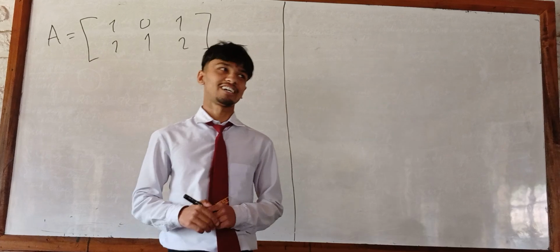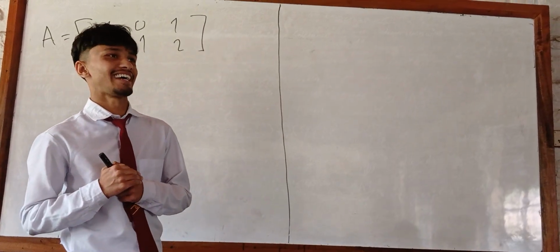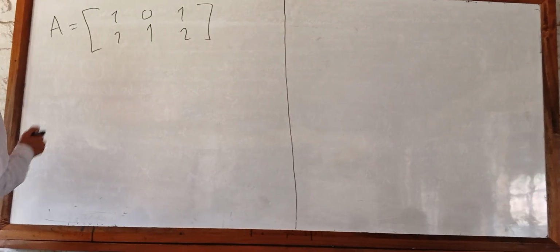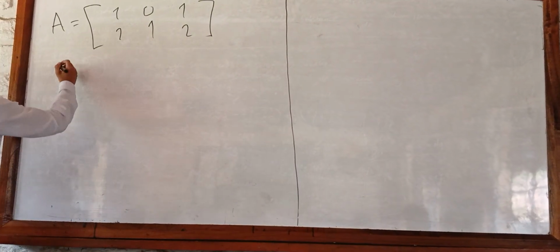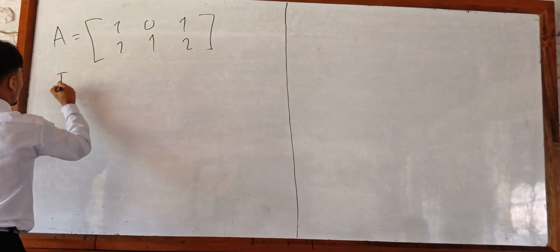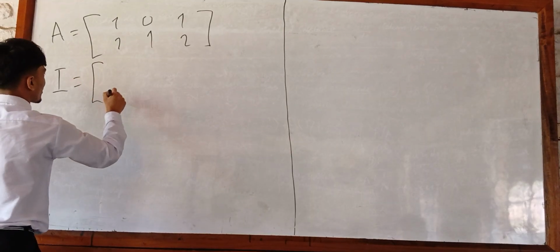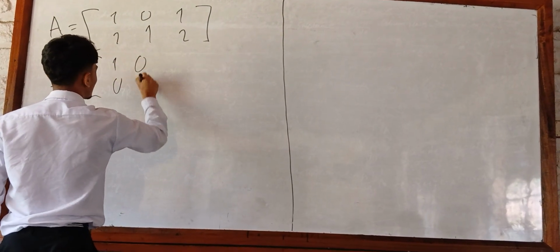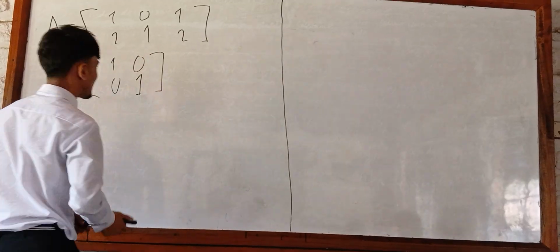So without wasting any time, I'll give you different types of matrix which are necessary for the inverse of the matrix. At first, the identity matrix, which means the diagonal of the matrix will be 1, 0, 0, 1. This is the example of an identity matrix.